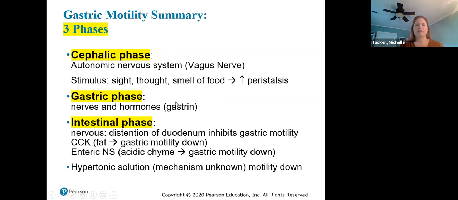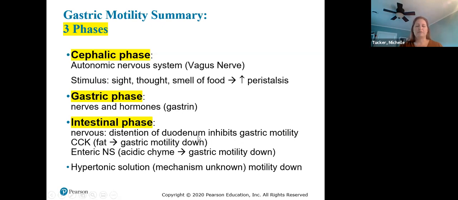The gastric phase is meant to enhance stomach motility. So gastrin, we're going to be increasing hydrochloric acid, we're going to be increasing pepsin release, and it turns into pepsinogen, an increase of gastric juices. So in the gastric phase, we're getting ready to increase all of that stomach action. And then in the intestinal phase, the duodenum is going to say, hey, wait, things are going a little fast here. We need to slow things down.